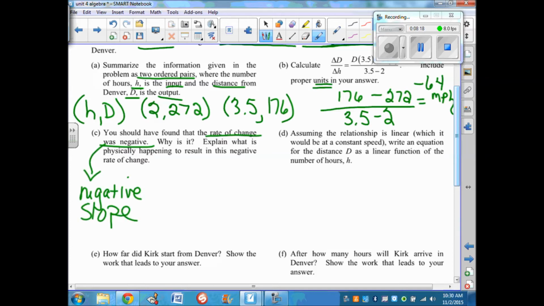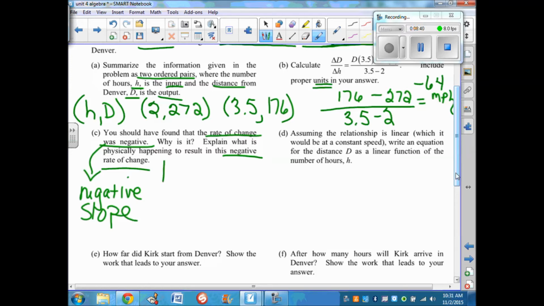Explain what is physically happening to result in this negative rate of change. So what's happening? Remember what the distance is. His distance from Denver. So as time increases, his distance from Denver decreases.